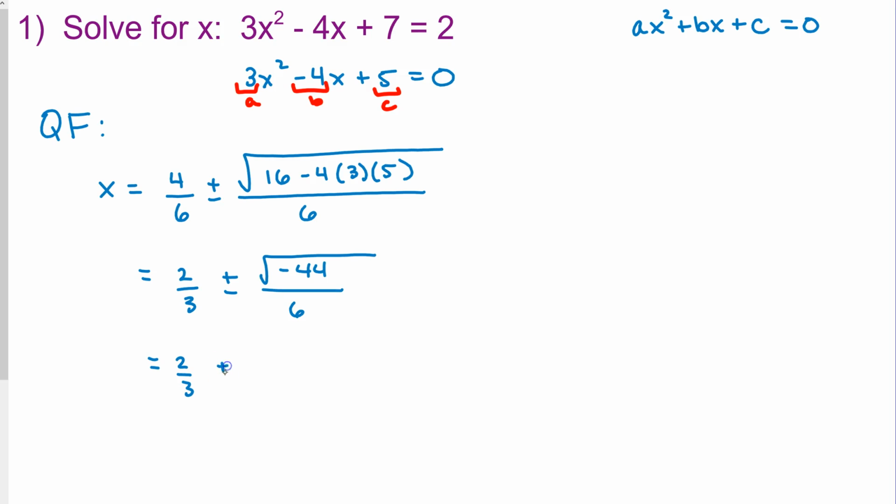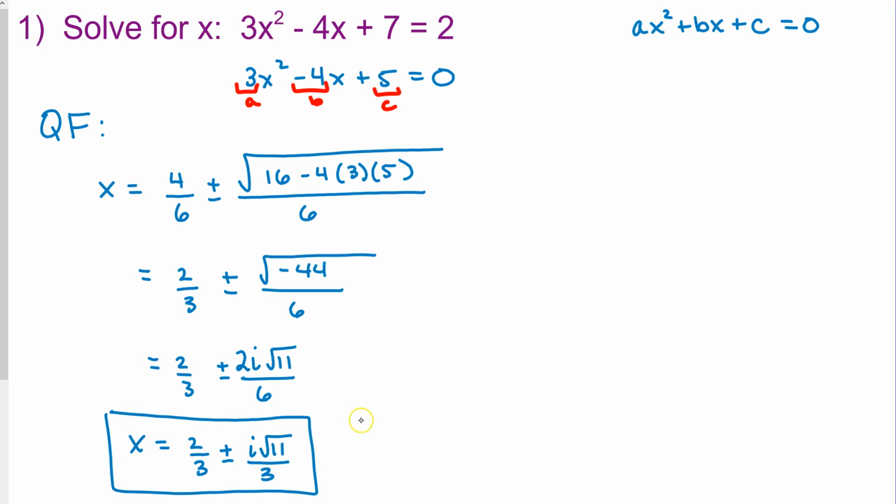Because there's a negative there, we can write i square root 44, and because 44 is divisible by 4, we can pull out the square root of 4 and we have 2. So 2i square root 11 over 6, and let's reduce the 2 over 6. So we have 2/3 plus or minus i square root 11 over 3. Those are the values of x.